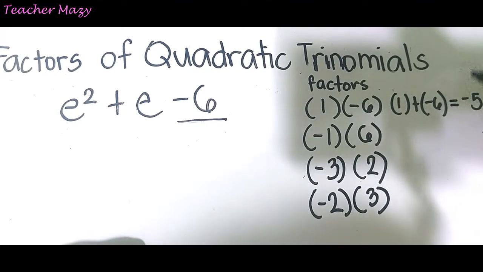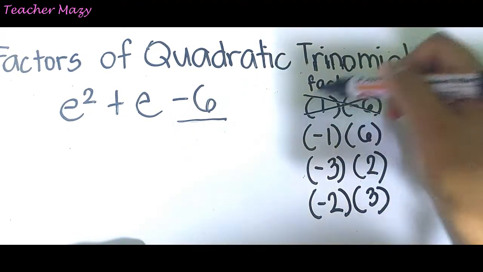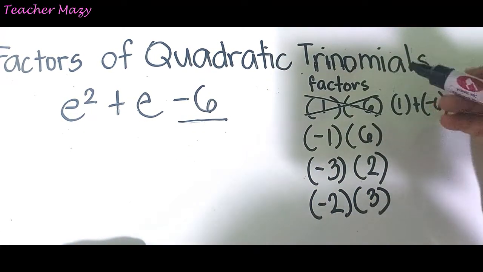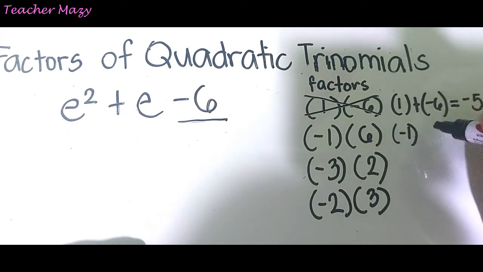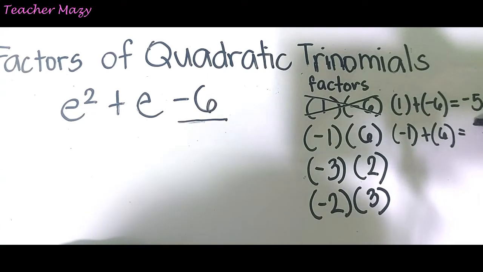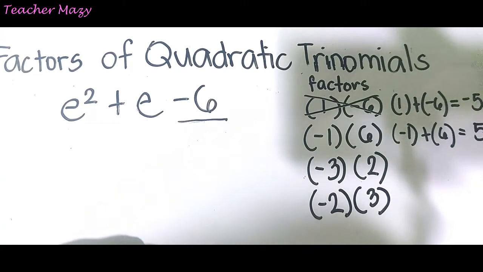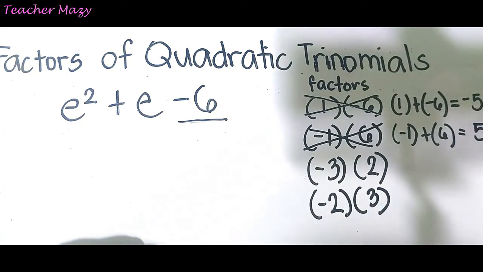Negative 5 is not equal to 1, so we cannot use these factors. Next is negative 1 plus positive 6. This is equal to positive 5, so we cannot use that again.